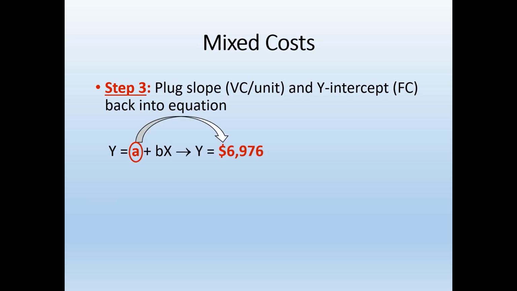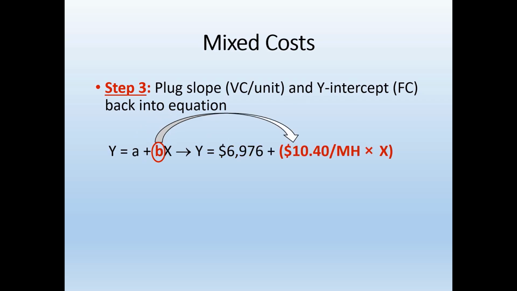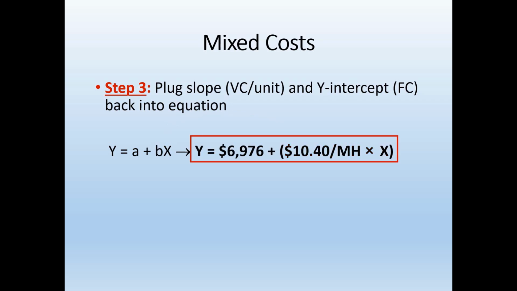We substitute the total fixed cost for A, and we substitute the variable cost per machine hour for B, and that gives us an equation that will predict how much it will cost to take care of the machines at this firm for any level of activity within the relevant range.